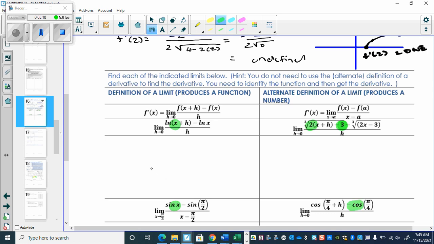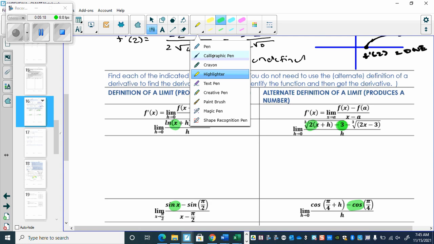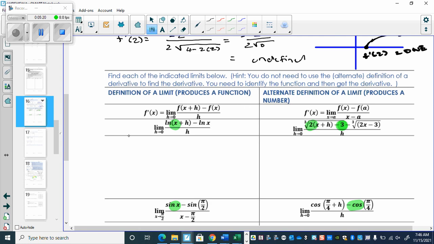Okay, so that helps me kind of figure out what it is I am looking for. So these are definitely worthy of practice. So, just using, find each of the indicated limits below. You do not need to use the alternate definition of derivative. Find the derivative. You need to identify the function and then get the derivative.